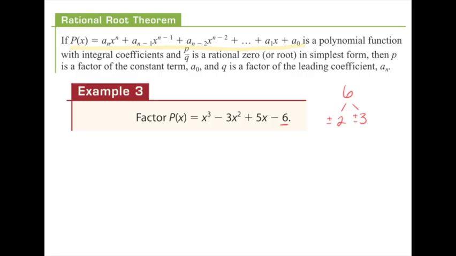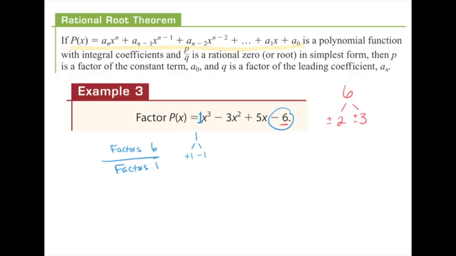Then I'm going to look at my first element here, my first term. My coefficient here is a 1. The factors of 1, obviously, we only have positive 1 or negative 1. That's my only option for 1. And what they're saying is every single zero of this polynomial will fall within the factors of my last number over factors of my leading coefficient.